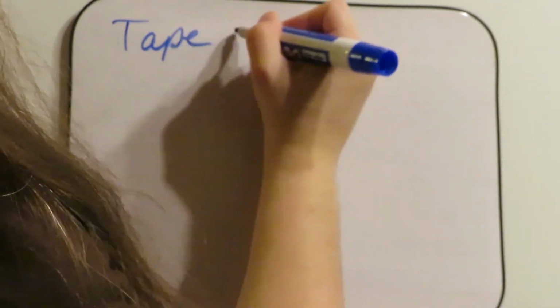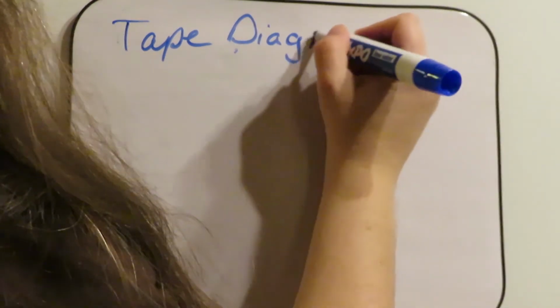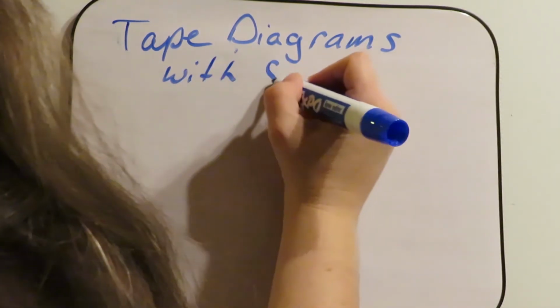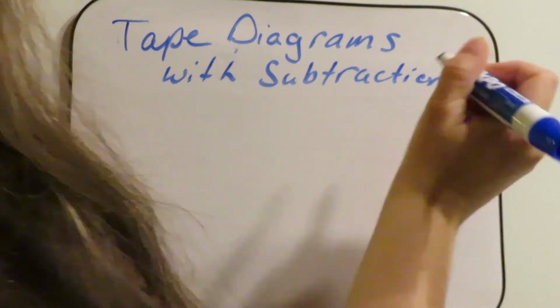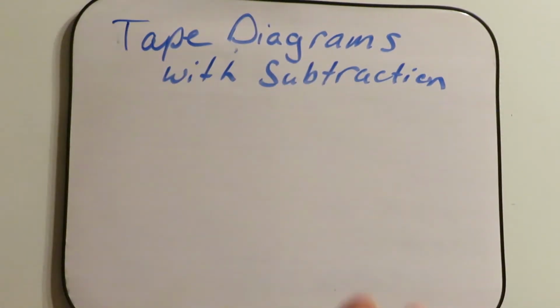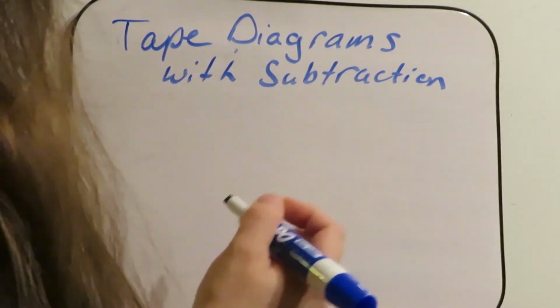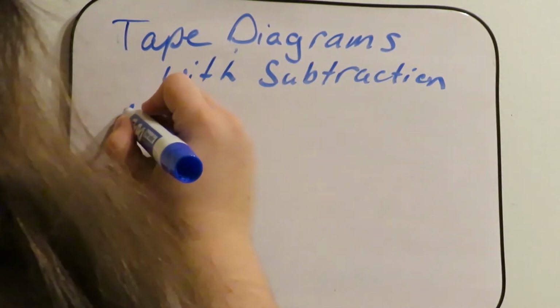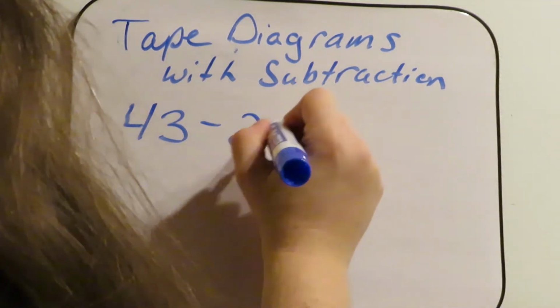Let's talk about tape diagrams with subtraction. So, to make a tape diagram with subtraction, we take a math problem, for example, 43 minus 29.